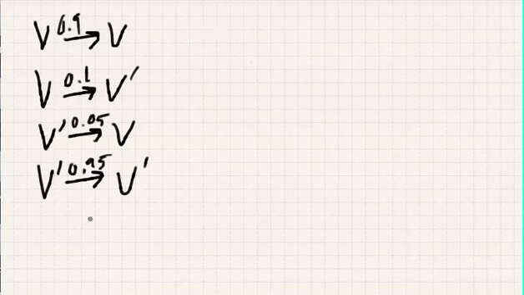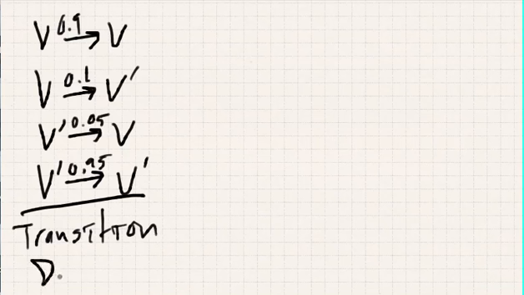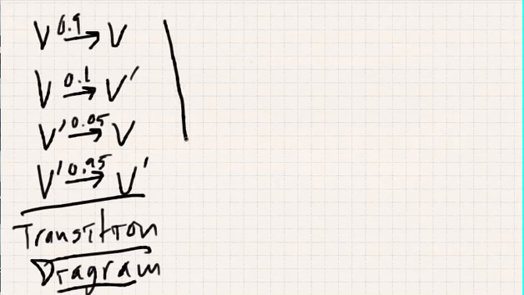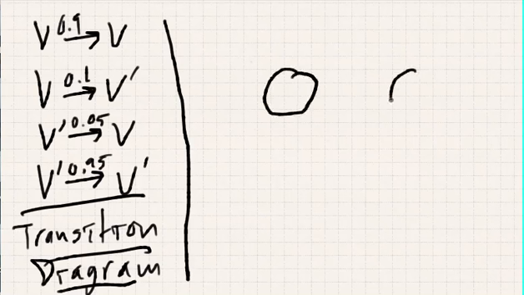Now we can make this all look very nice using something called a transition diagram. Instead of having to draw all this information out like this, I can make things look a little bit simpler. What I'm going to do is draw two circles that represent the two states. We've got people who are Verizon customers and people who are not Verizon customers.